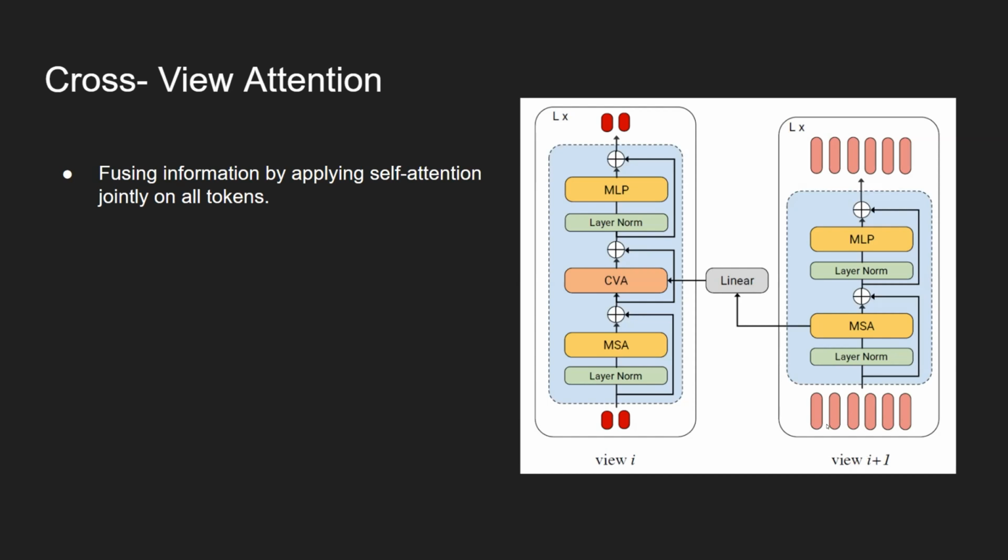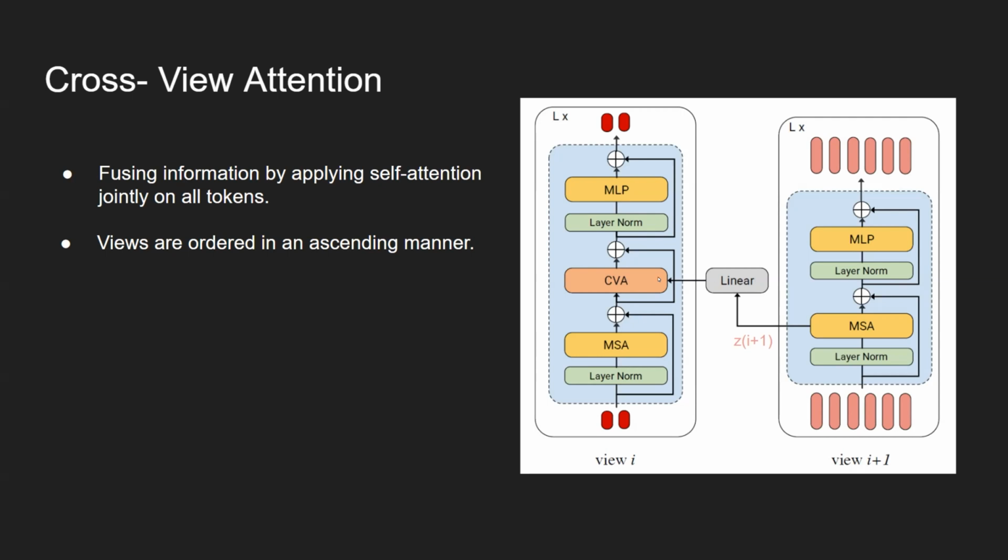So initially, there will be an input in the view I+1, that is Zi+1, which will be taken from the self-attention block after taking the input here. This particular Zi+1 will be taken and then projected to a depth of Di.